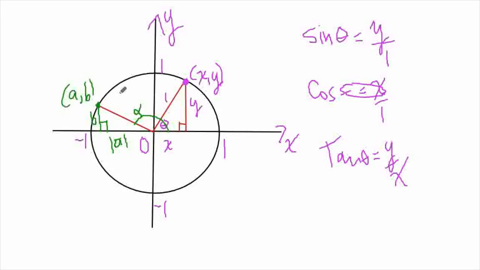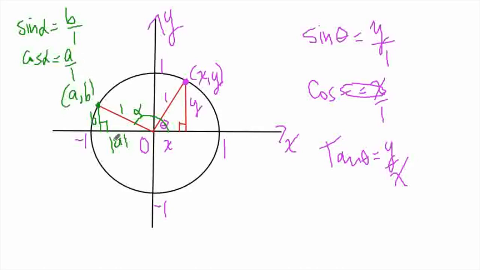Just like the other one, the sine of alpha is b over 1, since the hypotenuse is 1. The cosine of alpha is a over 1. We don't use the absolute value of a, so it's always the x coordinate.